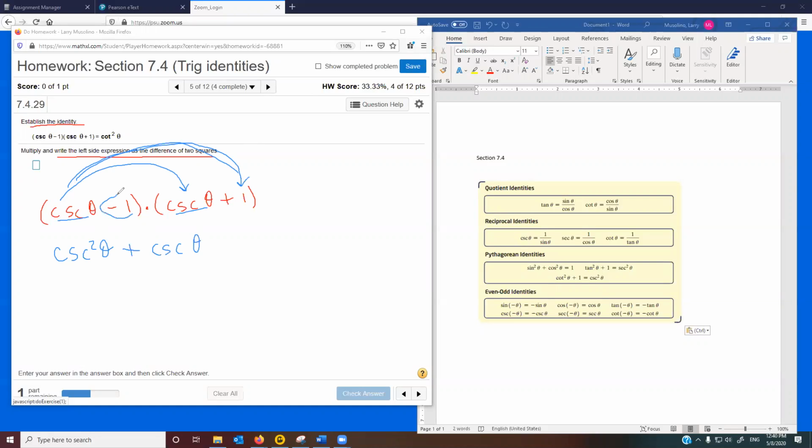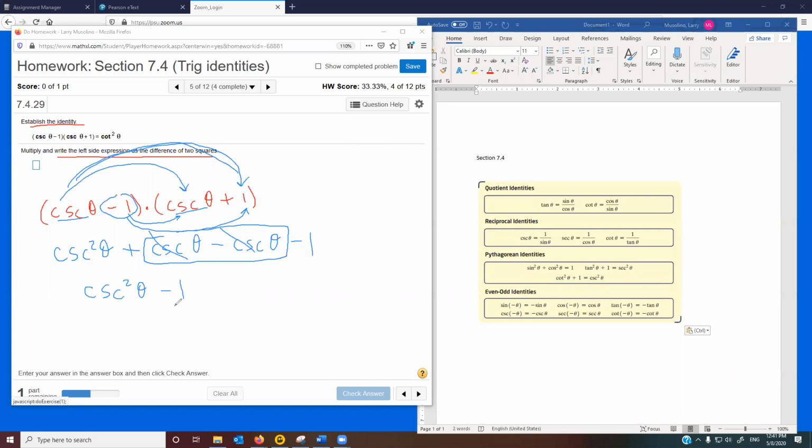Now let me take this -1 and let it multiply cosecant. That's going to be minus cosecant theta. And then I'm going to take this -1 times +1 in the back, which leaves me a -1. But notice these middle terms cancel out because I have a plus cosecant theta and a minus cosecant theta. So I'm left now with just cosecant squared theta minus 1.